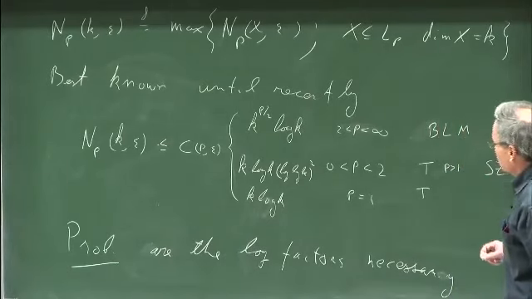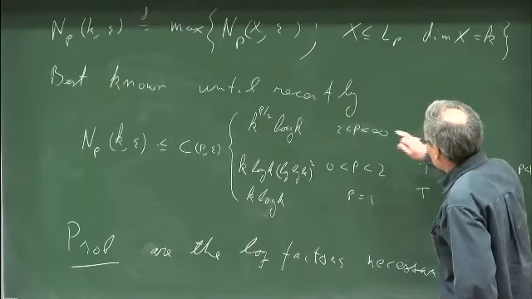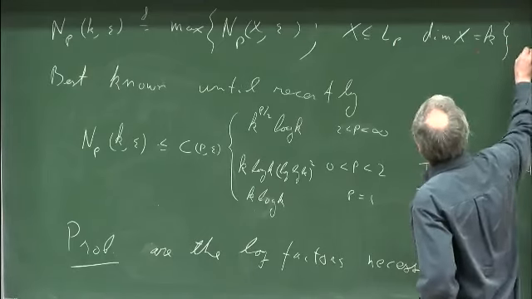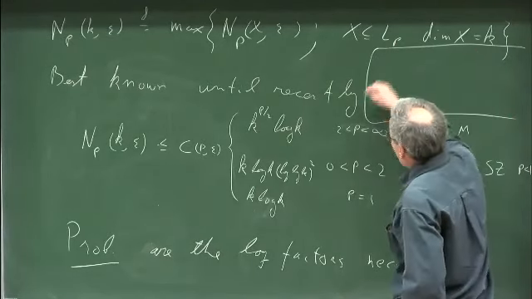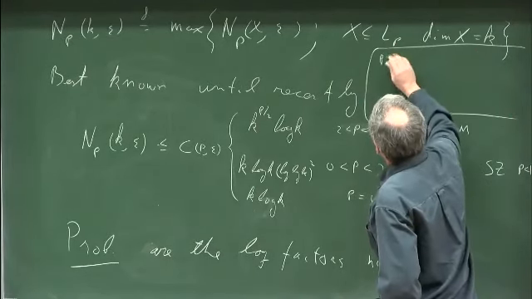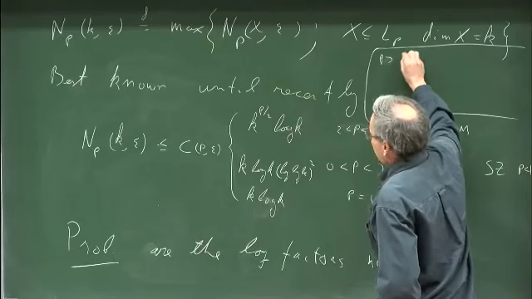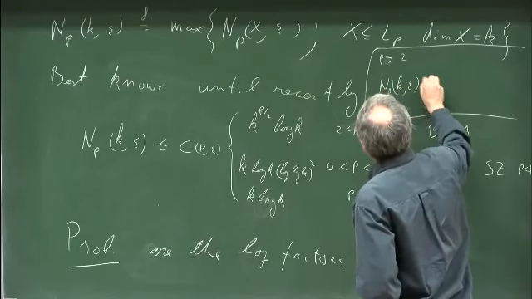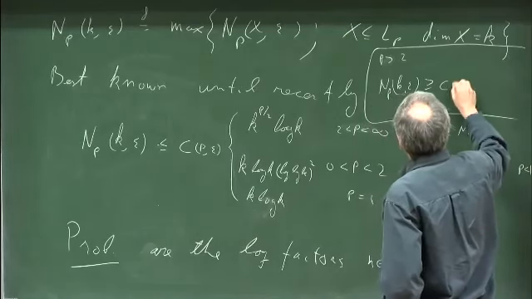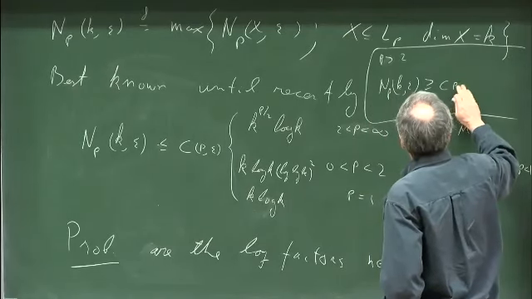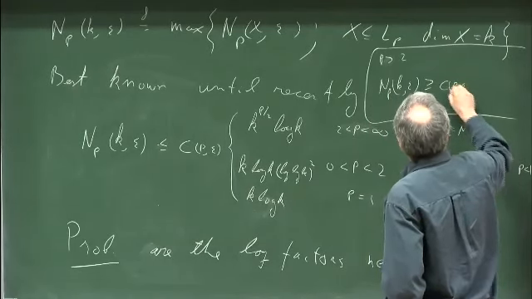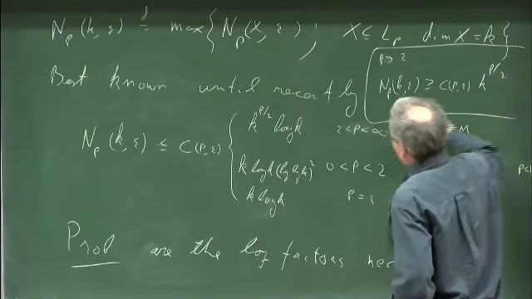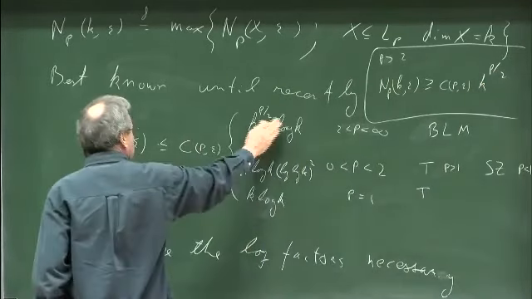And let me just say that it is known, something which is not trivial, that for p larger than 2, n_p(k, epsilon) is larger than or equal to some small constant, depending on p and epsilon, times k to the p over 2. So this power of k is the right one.